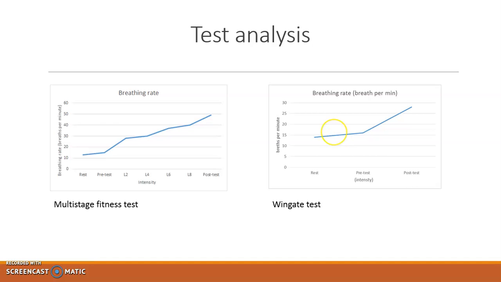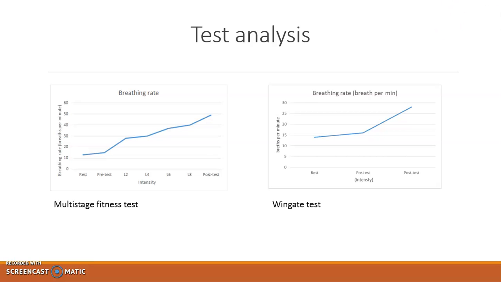But as the test starts, there is a much steeper increase in breaths per minute due to a higher demand for oxygen caused by the higher intensity of the test, because it's a higher intensity right from the beginning, whereas the multi-stage fitness test builds its way up.